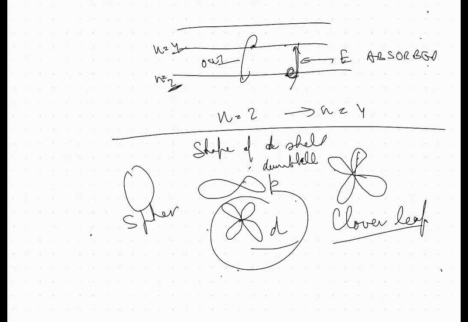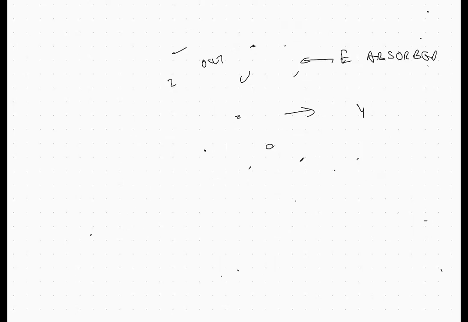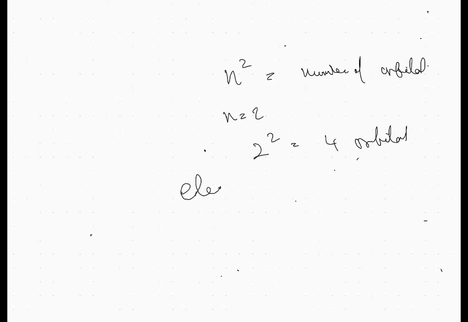Now the question is about how many orbitals there are. The principal energy level, n number, is 2. The simple equation to find out is n squared is the number of orbitals. So if n is 2, 2 times 2, you get 4 orbitals. Now, if the question was how many electrons, each orbital can have 2 electrons, remember.